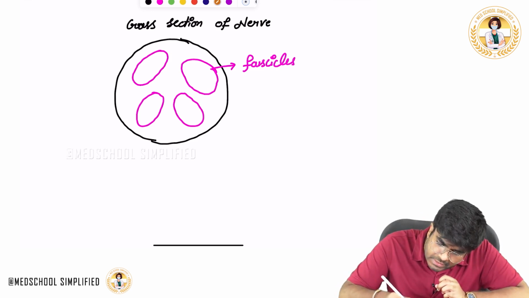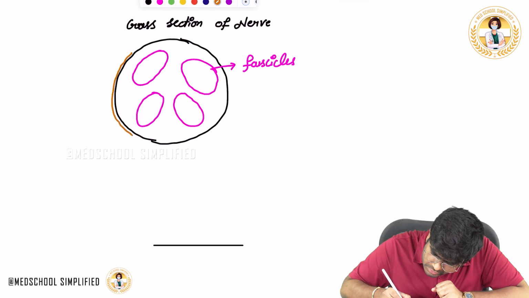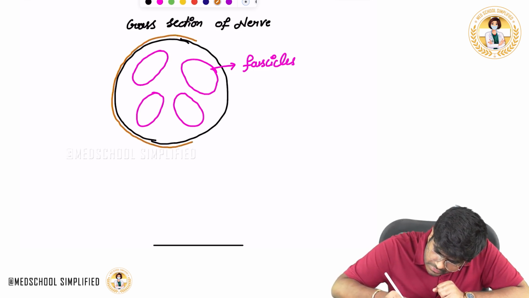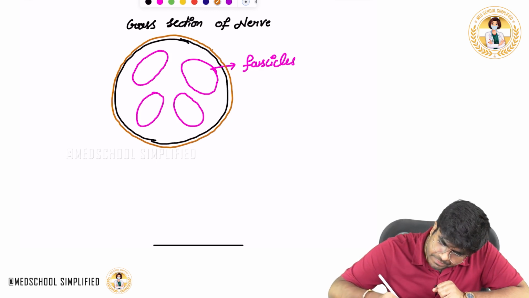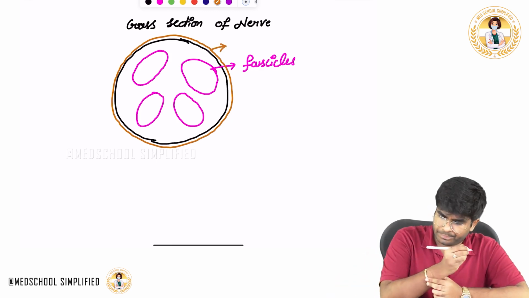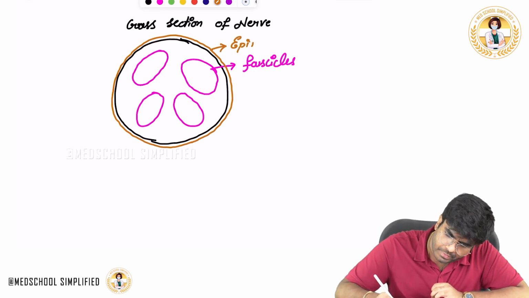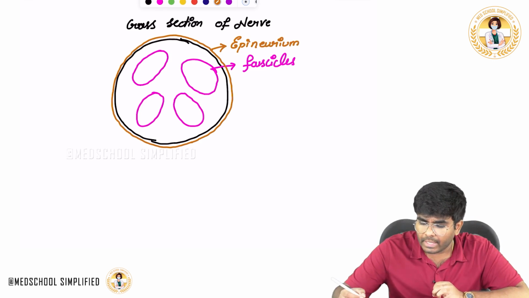And one more thing, these nerves are covered. Actually these nerves have a connective tissue sheath around them. There is a covering. These nerves want to have a dress. This dress around the nerves is called epineurium. Nerves are covered by epineurium.